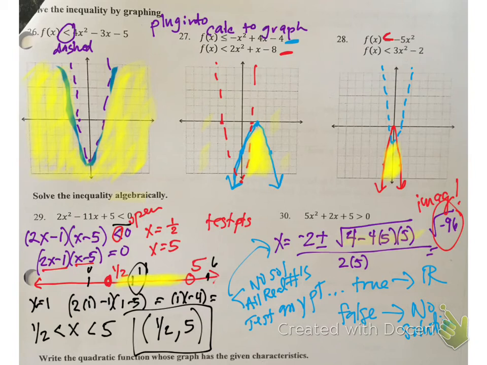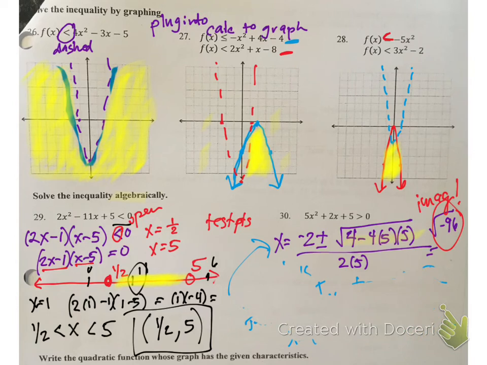So I'm going to plug in any value. The easiest one to do is x equals 0. If you get a true one, it's all real numbers. False would mean that it is no solution. So when I plug in x equals 0, you get 5 is greater than 0. That is true. So my answer would be all real numbers.